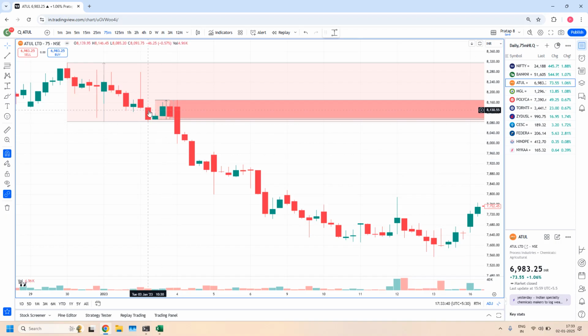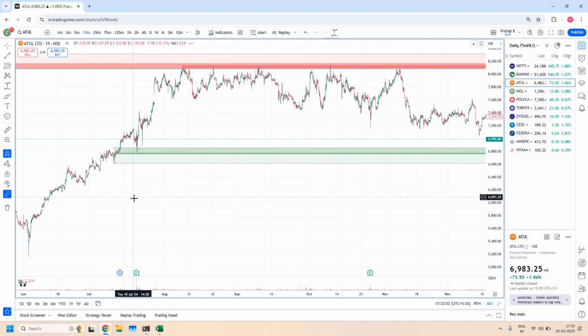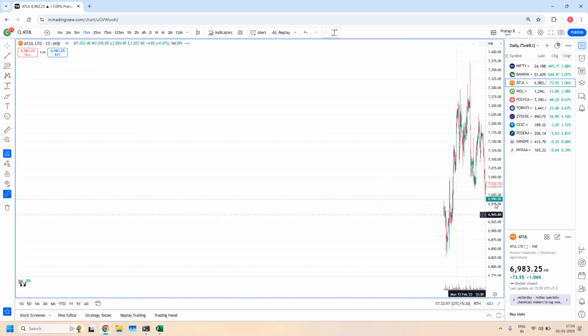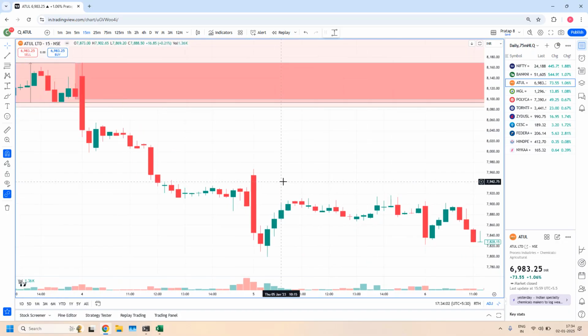So in 75 minutes we have a drop, 1, 2, 3 base candles and a drop. This is the 75 minute zone. Within 75 we have a 15 minute zone. We have a medium size rally candle, 2 base candles and a drop candle. That way you can consider this is the 15 minutes area.